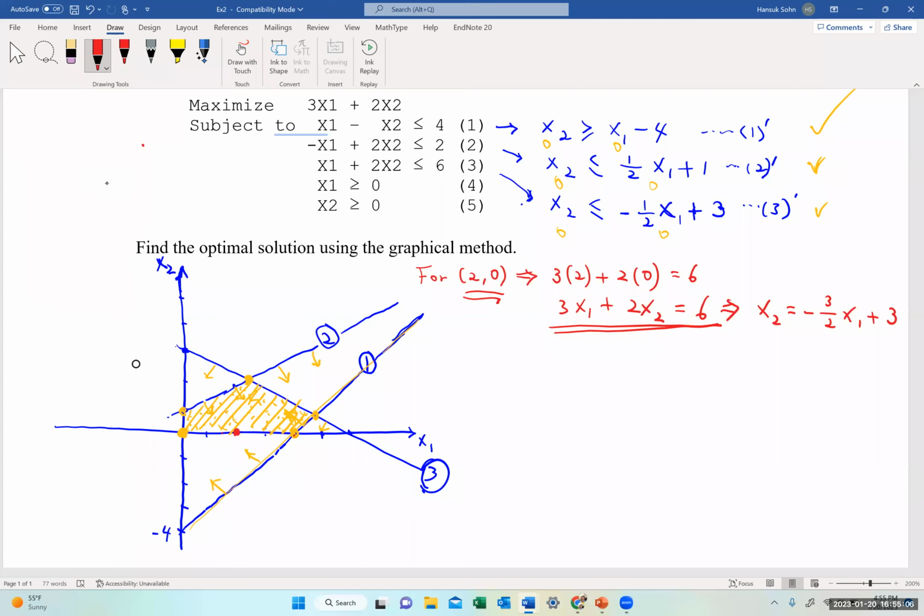So our isovalue line has a slope of negative 3/2 and an x2 intercept of 3. It's going to be like this. This is our isovalue line.